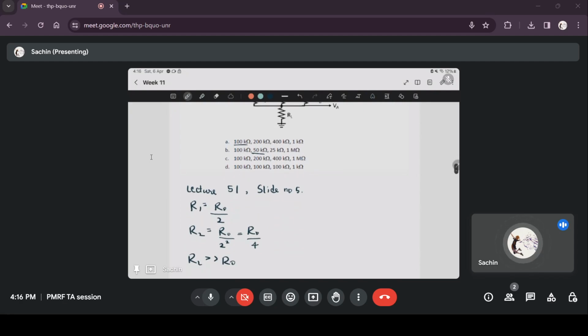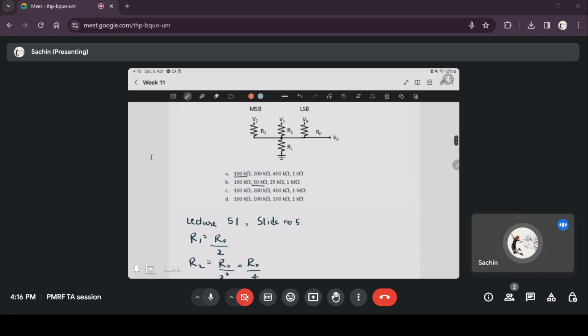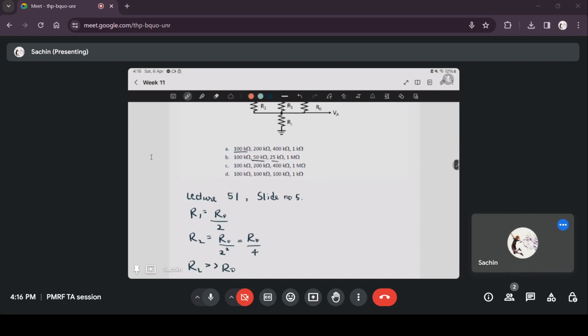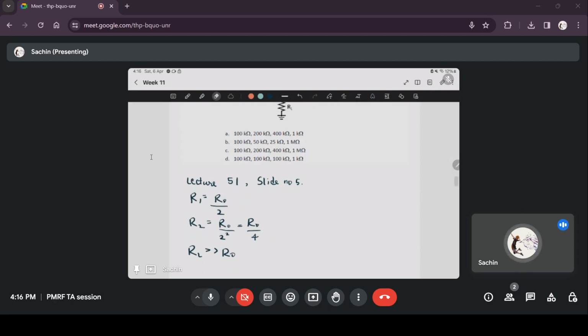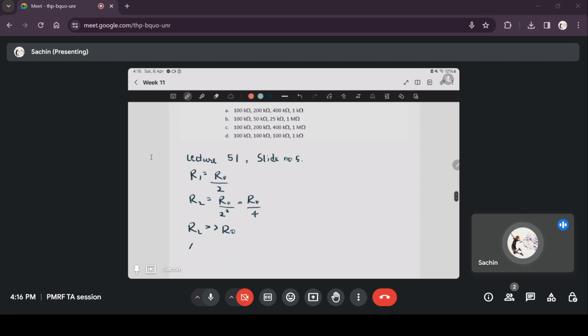And R2 is R0 by 4, which is 25 kilo ohm. The RL must be much greater than R0. Mega ohm is 1000 kilo ohm, so it's 10 times R0. So RL is much greater than R0. And from that you can conclude that the answer is option B.